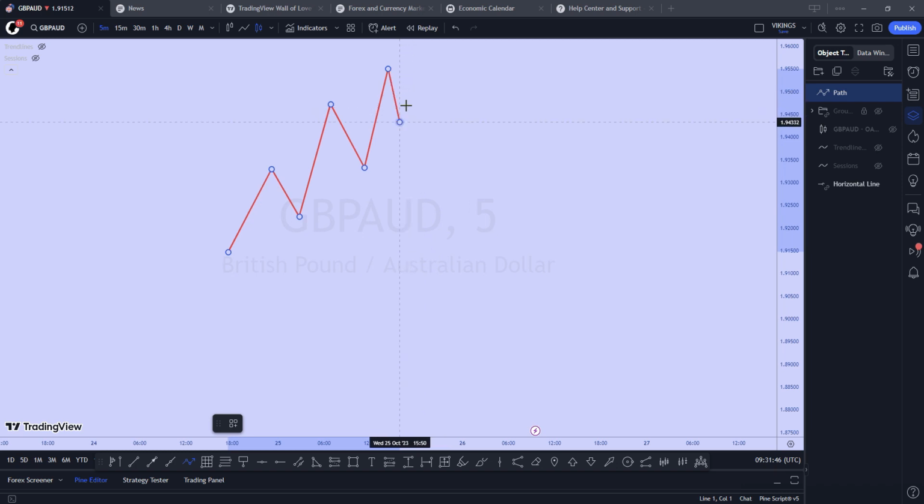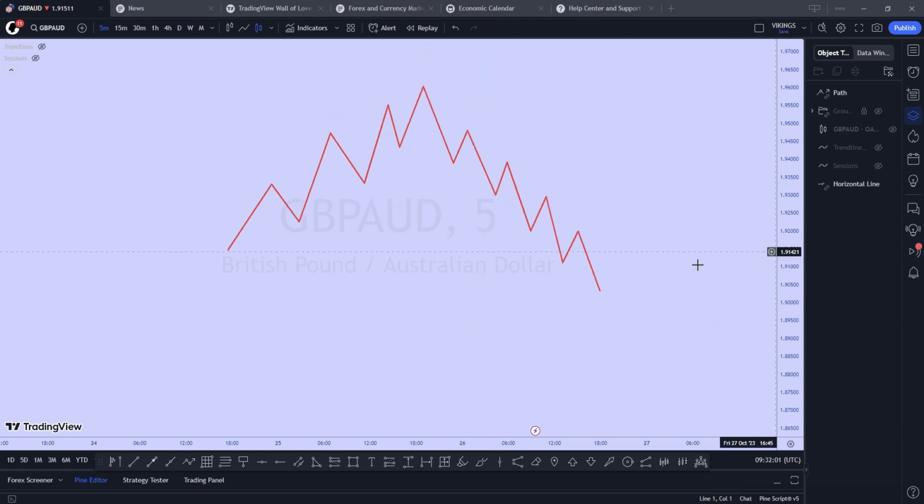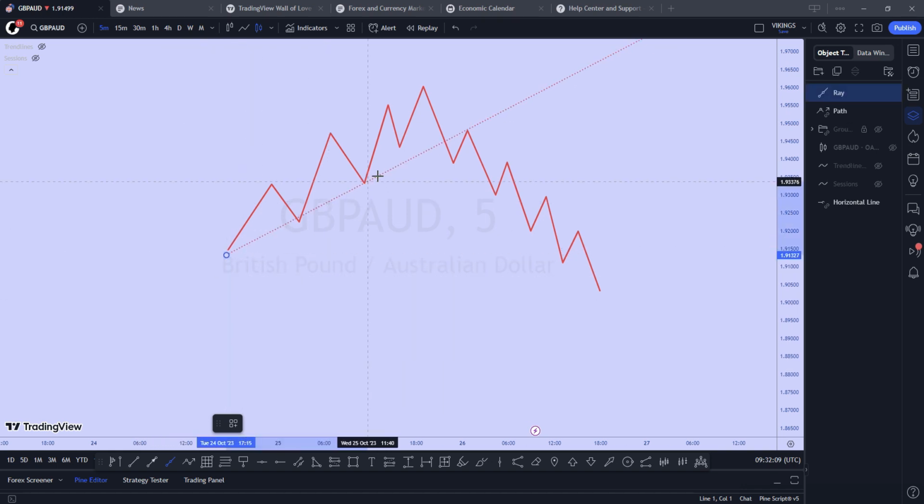When this low is broken, you start going in a downtrend, right? Lower lows, lower highs, lower lows, lower highs, lower lows. This is just the trend of the market. So what people normally do is draw the trend line this way. So there's an uptrend, right?